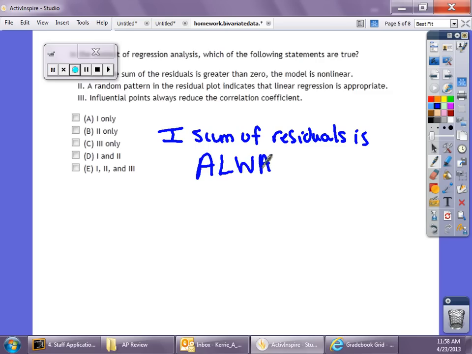That's something that wasn't in our notes today, but that's kind of part of the definition. By design, the sum of all the residuals will always be 0. There's no other way around that. Number 2 and number 3 are things that we talked about in class in your notes. Number 2 was the residual plot part of the notes, and number 3 was the outlier versus influential point to take a look at.